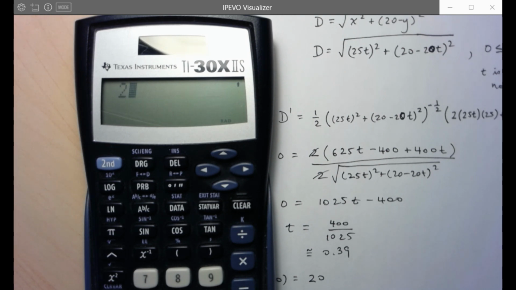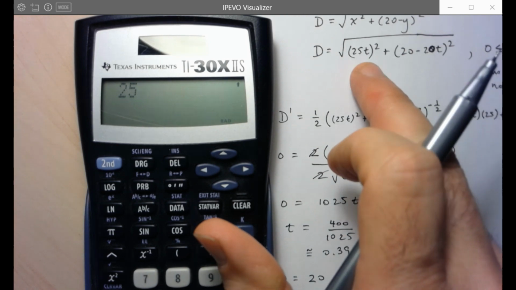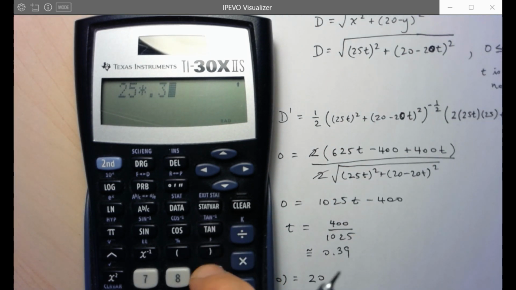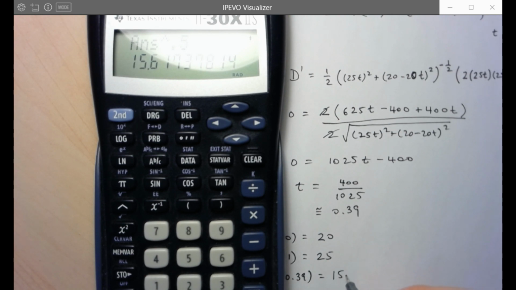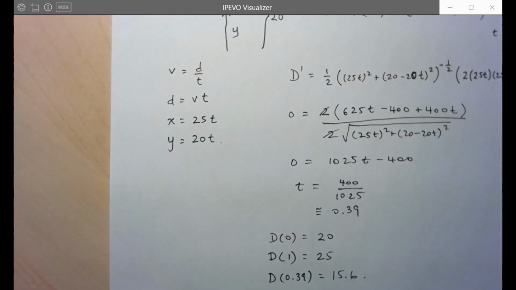So we've got 25 times 0.39, and squared, and then plus, let's put that all in brackets, 20 minus 20 times 0.39, all squared, and then we're going to take the square root of that, so exponent 1/2, and it looks like we have 15.6, which is clearly the shortest distance.